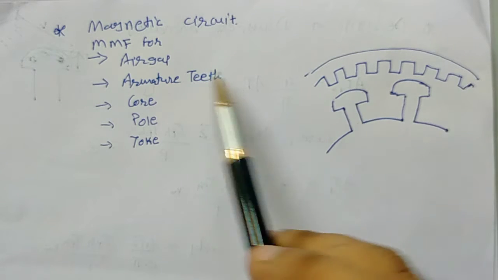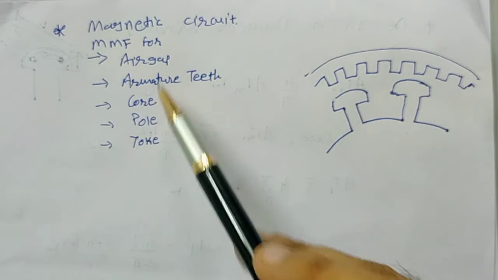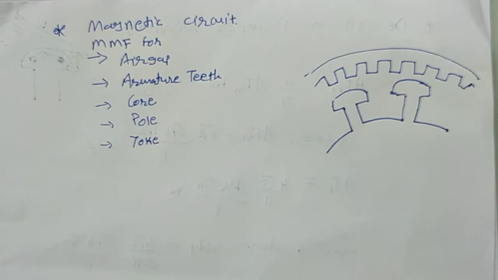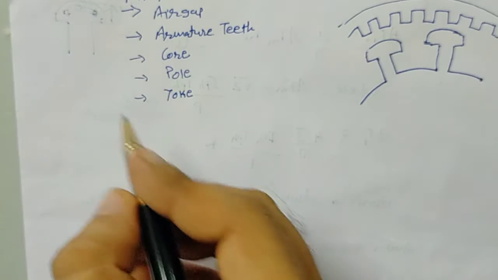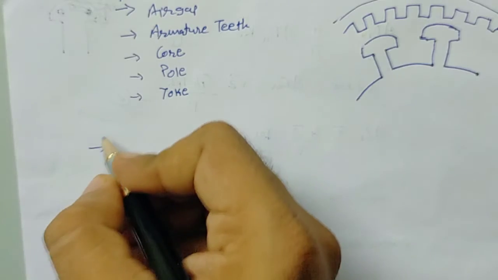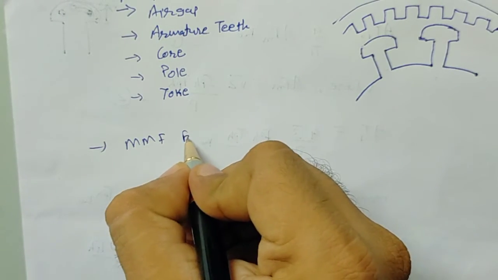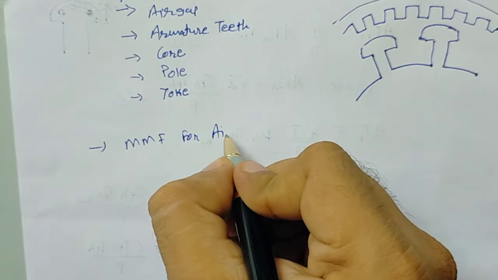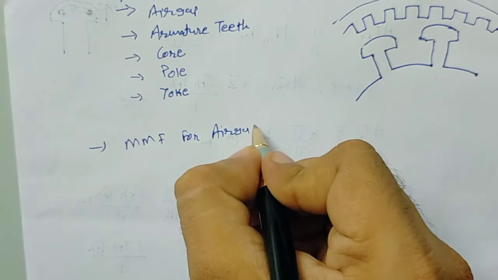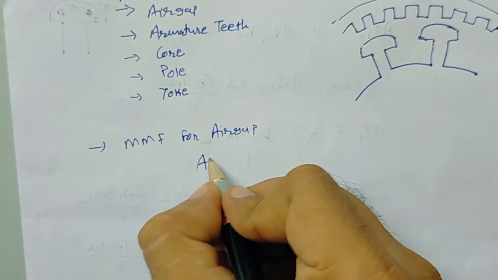For example, if we start with the air gap MMF, the first thing will be the MMF for the air gap. It is given by one simple equation.